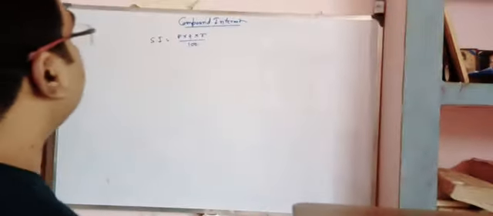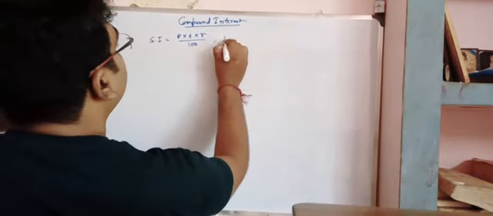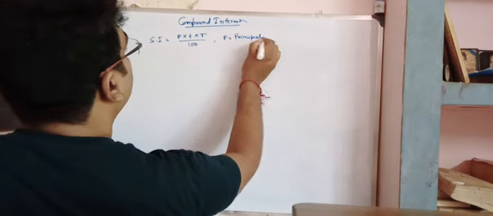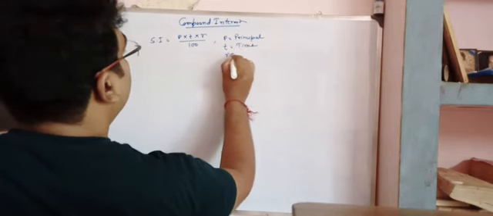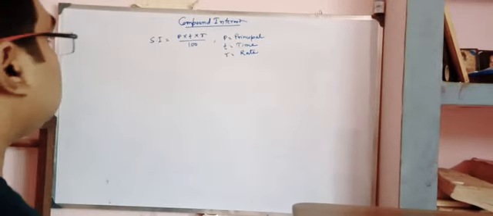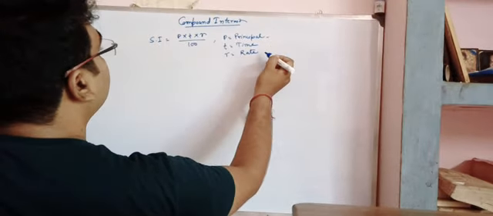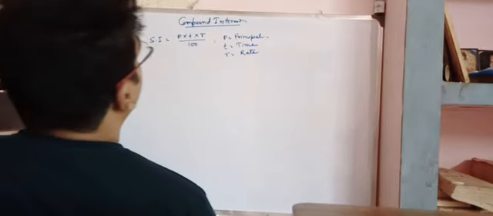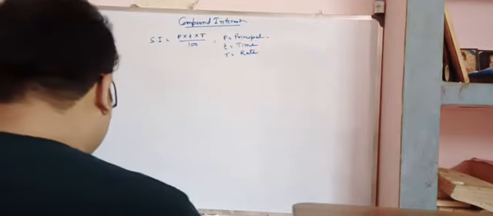This is for finding the simple interest of a certain sum, where P is my principal, T is my time, and R is my rate. So the simple interest for a certain sum P for time T at rate R is SI equal to PTR by 100. That was my formula for finding the simple interest.